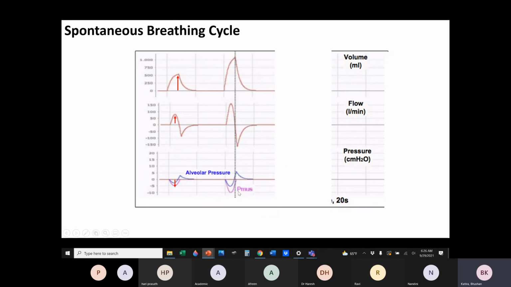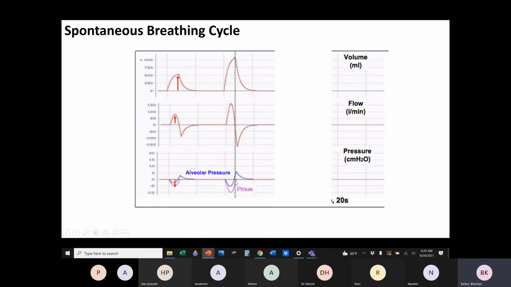If you increase the muscle pressure, that is, breathe harder, the whole cycle is more intense. You have more drop in the alveolar pressure, you have higher flow, and you have more tidal volume delivered. This is keeping the inspiratory time the same, right? Here is the peak muscle pressure, then the muscle pressure is still constant here.